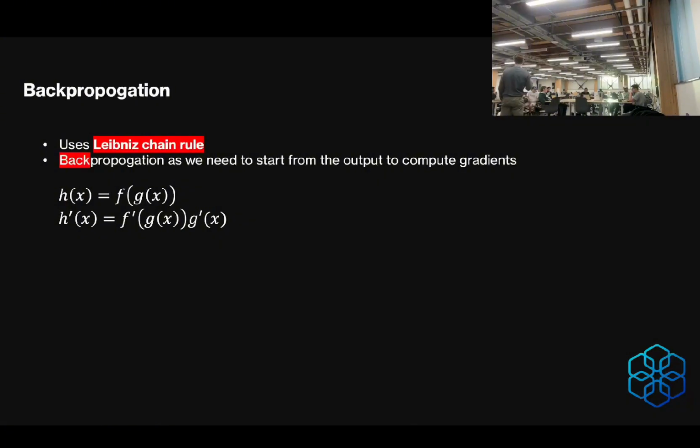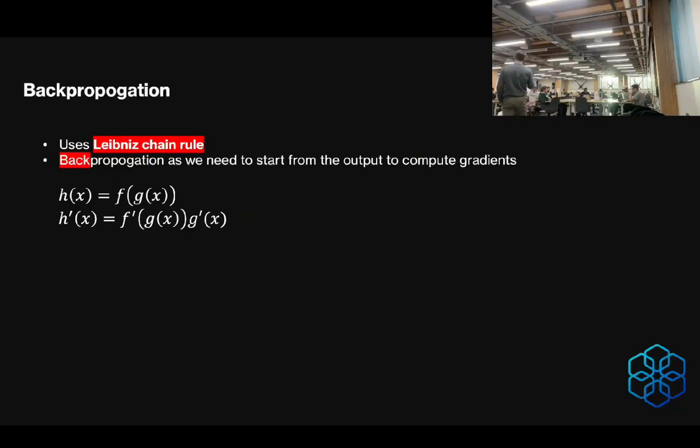Because if you think about it, all of the operations in a neural network can be summed up as f of g of x. So you would have g of x, you can think of it as the input layer. You would put x into g, and then the output of that function will be put into f, which is another layer that's going to create our output.